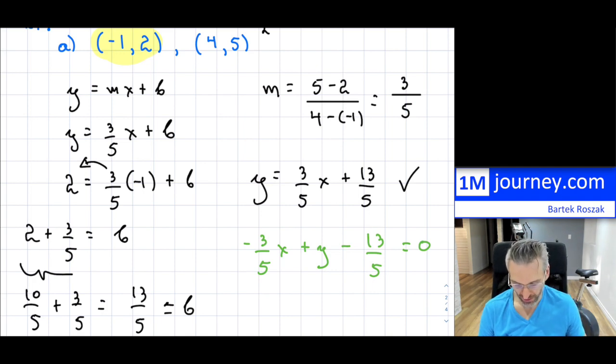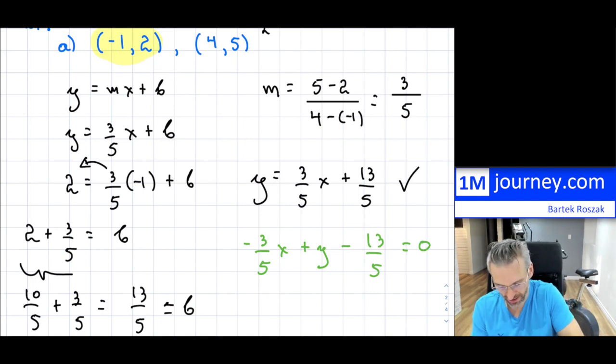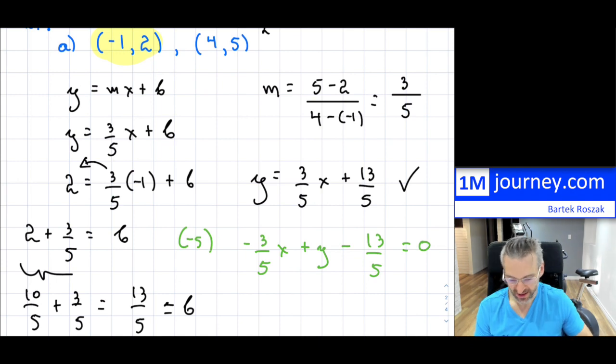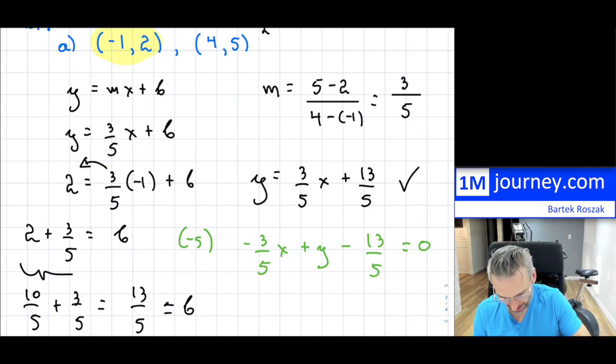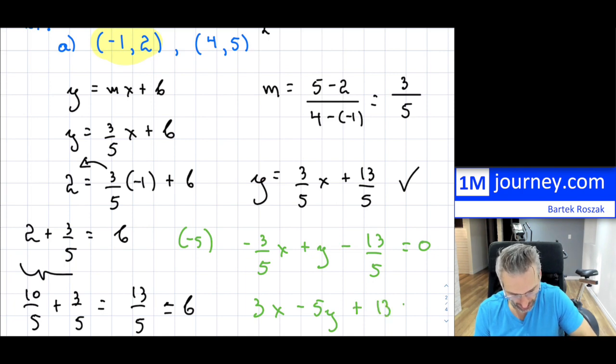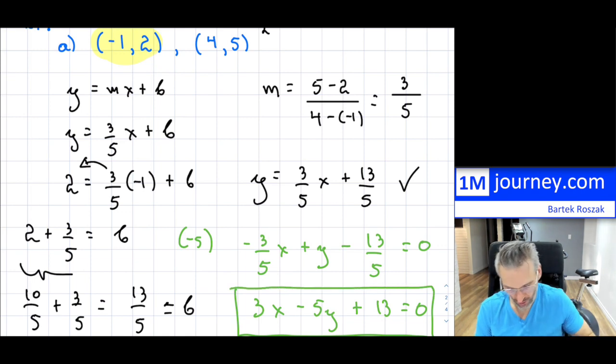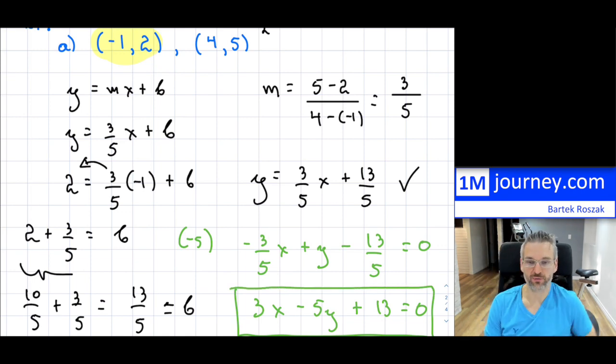So I can multiply by 5. I'm going to multiply by negative 5 because I don't want that negative in front there. If I do that to both sides, what I'll get is 3x minus 5y plus 13 equals 0. And this is now a much nicer standard form than I had right above.